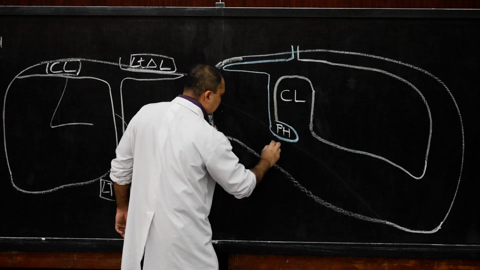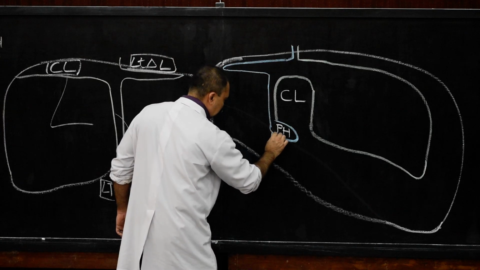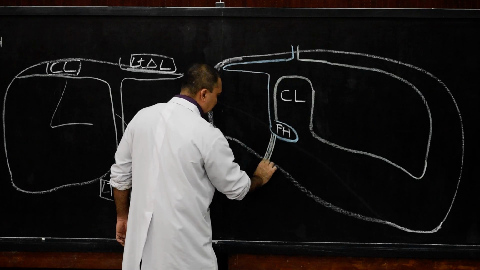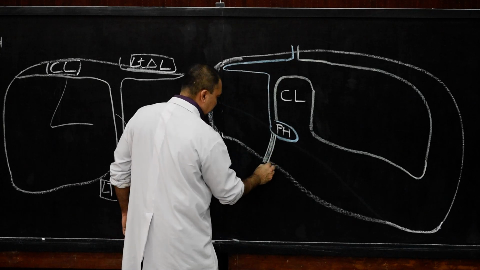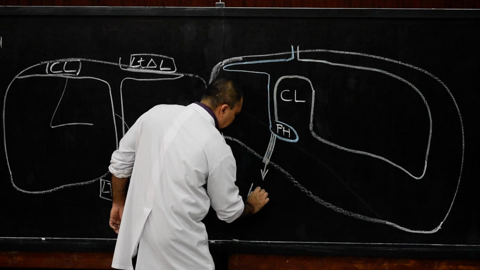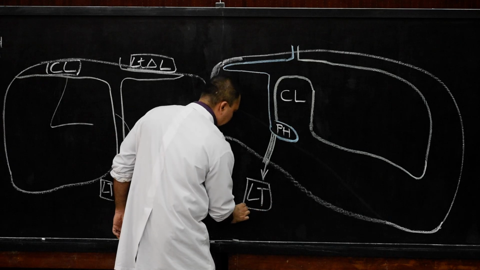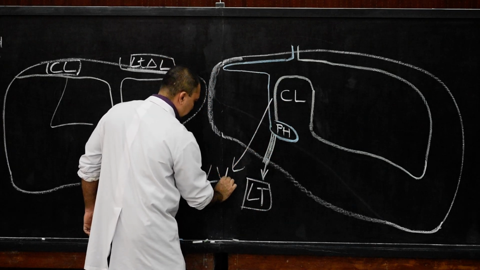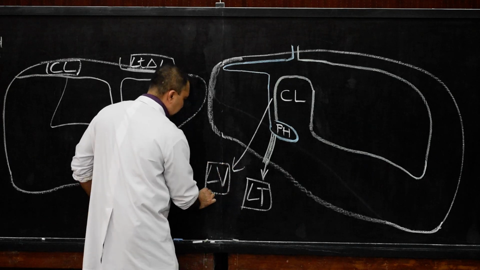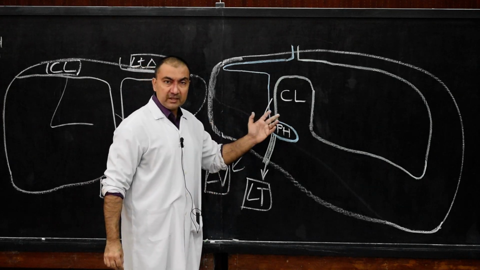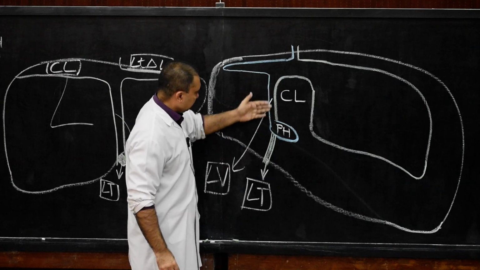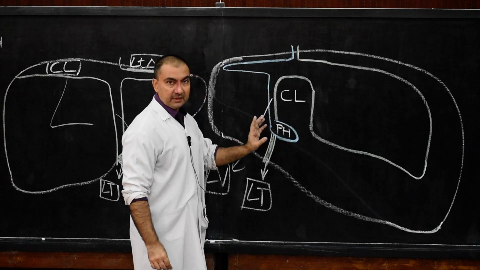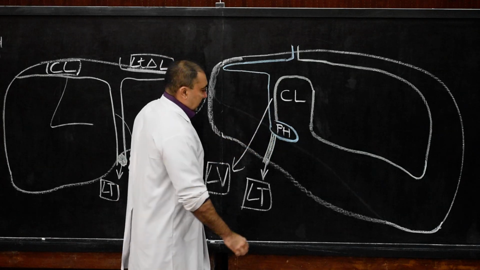Similarly, at this level we are going to show the ligamentum teres. So this structure which we are marking on the posterior inferior surface will be ligamentum teres. Over here, this structure, please mark it as ligamentum venosum. So these are the two true ligaments of liver, ligamentum venosum and the ligamentum teres. This is porta hepatis, caudate lobe.